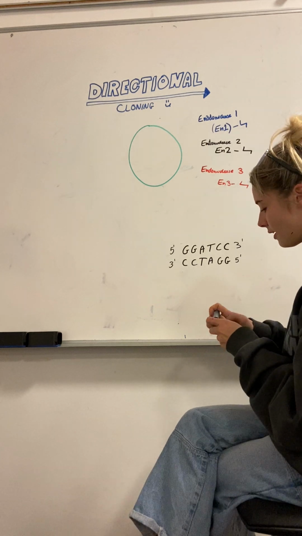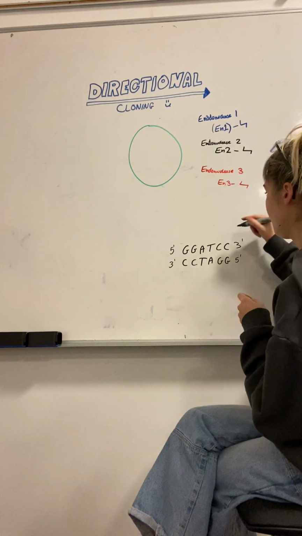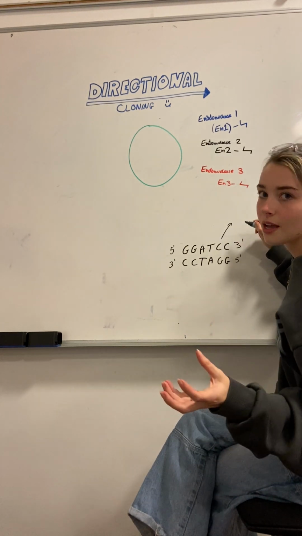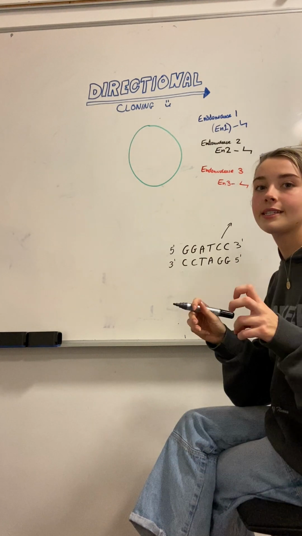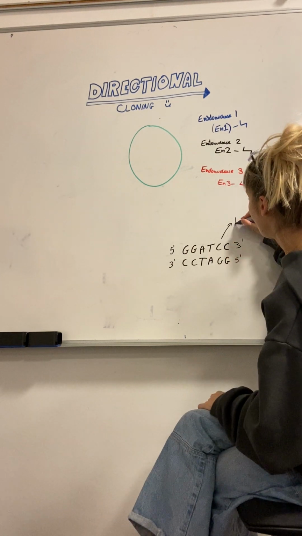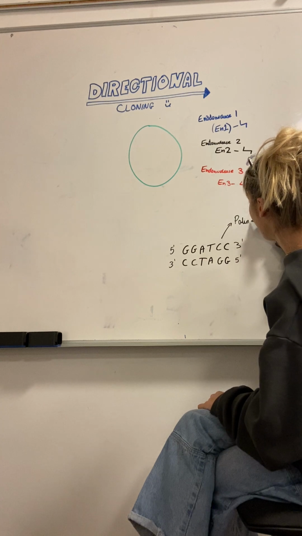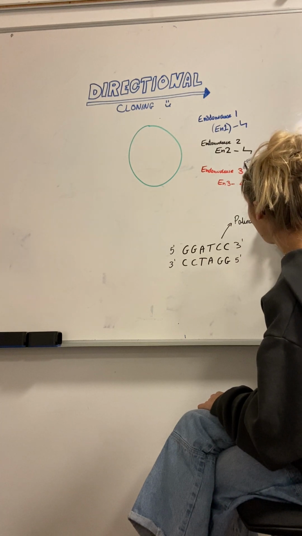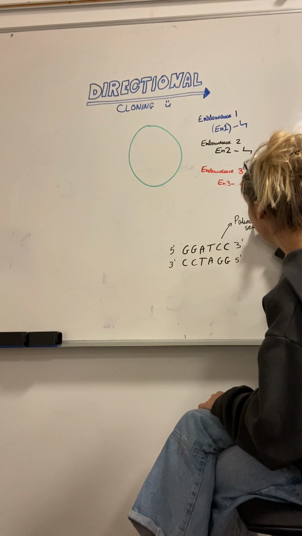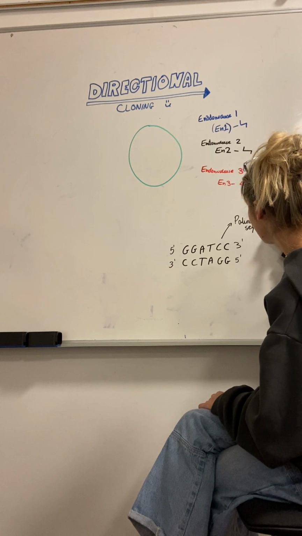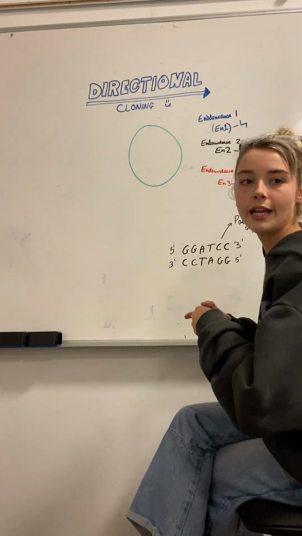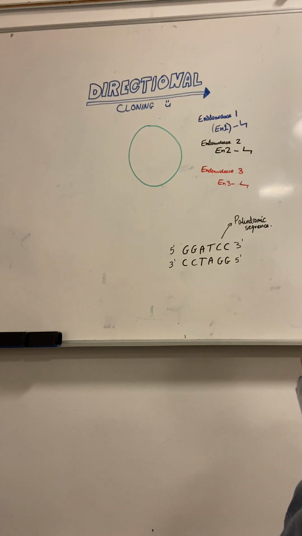By now you've probably realized, I know I'm rambling, but this is a type of sequence that reads the same back to front, which we would call a palindromic sequence.